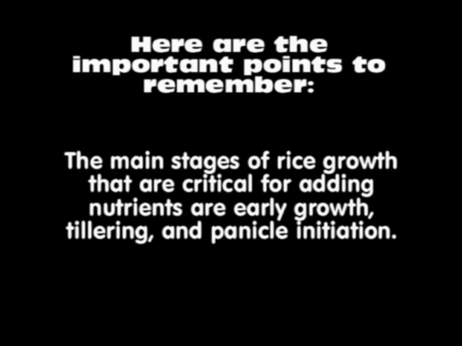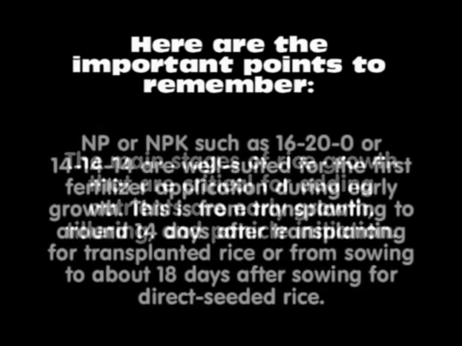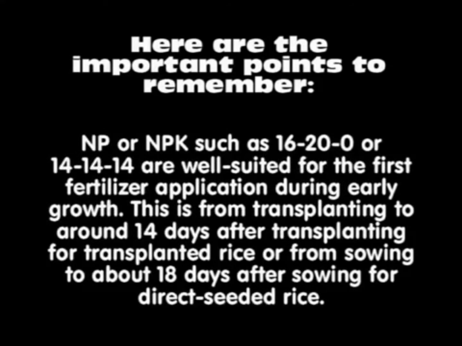Here are the important points to remember. The main stages of rice growth that are critical for adding nutrients are early growth, tillering, and panicle initiation. NP or NPK such as 16-20-0 or 14-14-14 are well suited for the first fertilizer application during early growth.